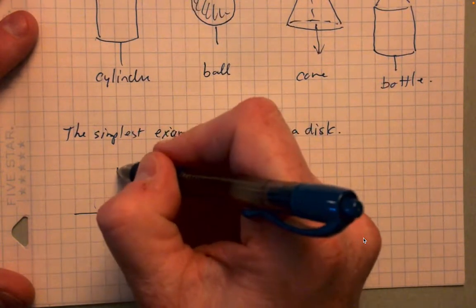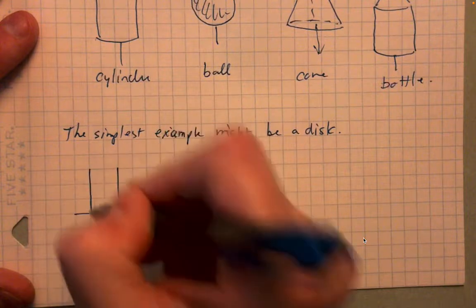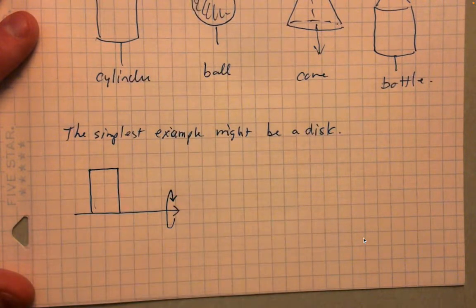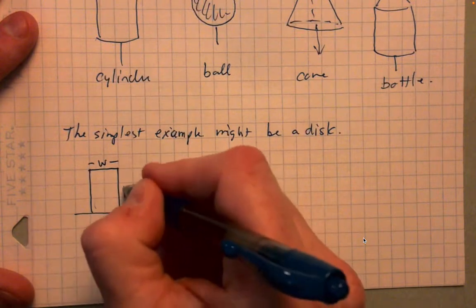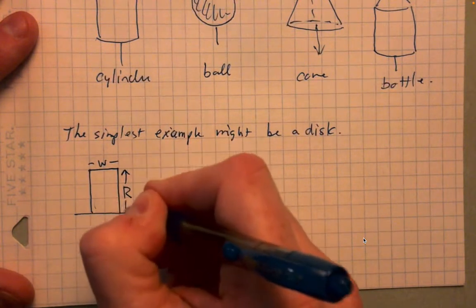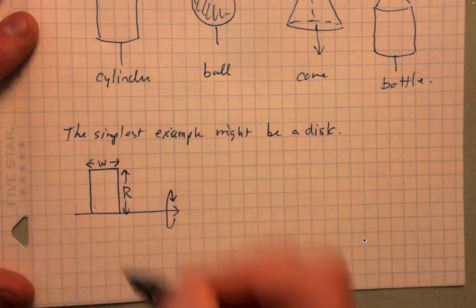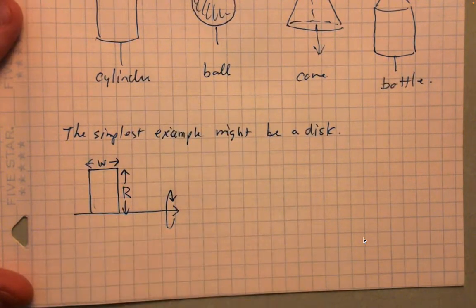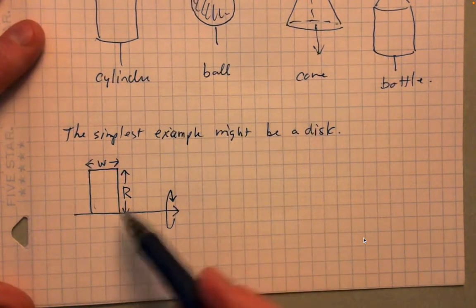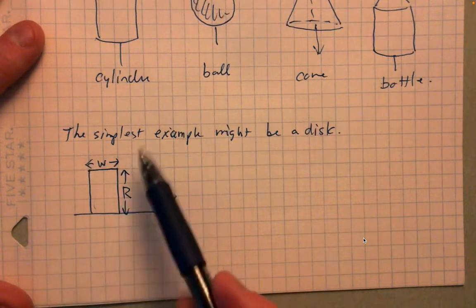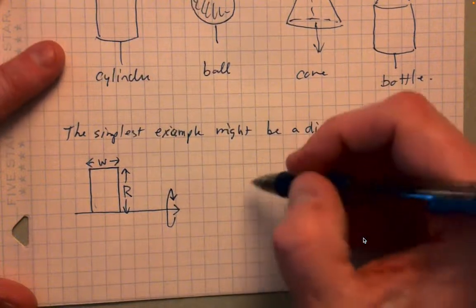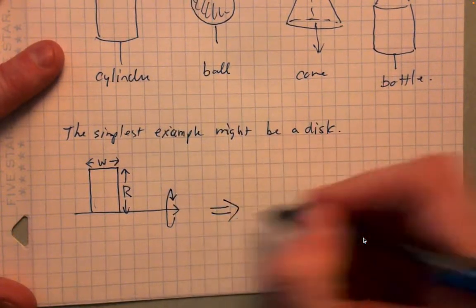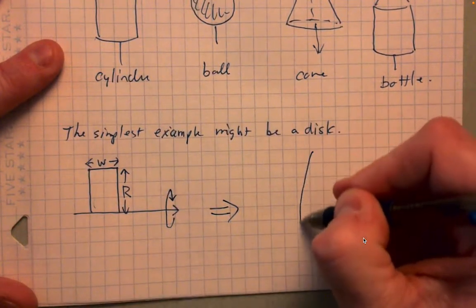If I just build a basic rectangle here, and we'll say this rectangle has a certain width and a certain height, and we'll denote height by R and width by W. Why we use R here will be clear in a moment. But if we do something like this, you can see that this is similar to what we did with the cylinder, and what's going to be spun up is a disc.